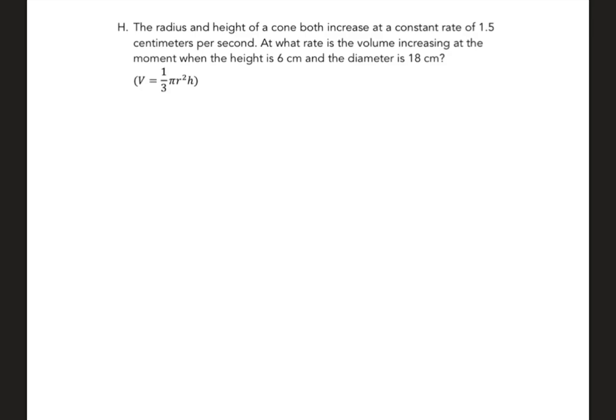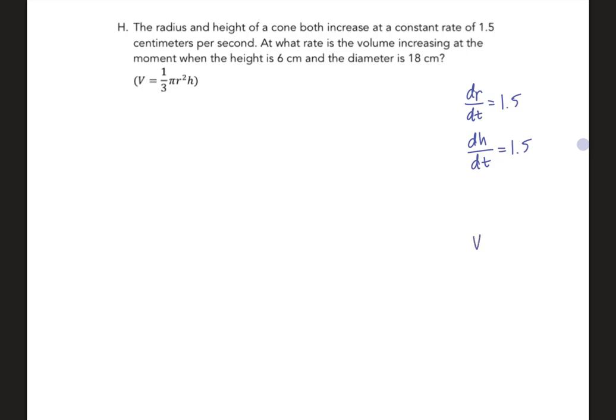They say the radius and the height both increase at a constant rate of 1.5 centimeters per second. So that means dr dt equals 1.5 and dh dt equals 1.5. At what rate is the volume increasing?